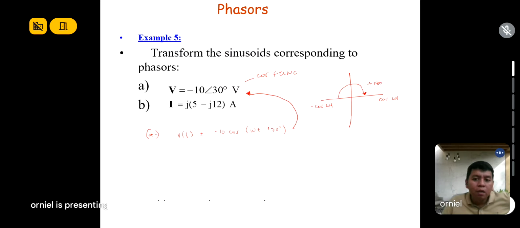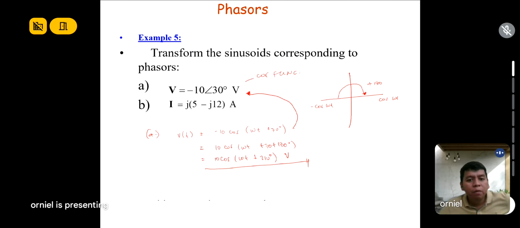So to convert this to positive cosine, you have 10 cosine omega t plus 30 plus 180 degrees. So we have v of t equals 10 cosine omega t plus 210 degrees volts.